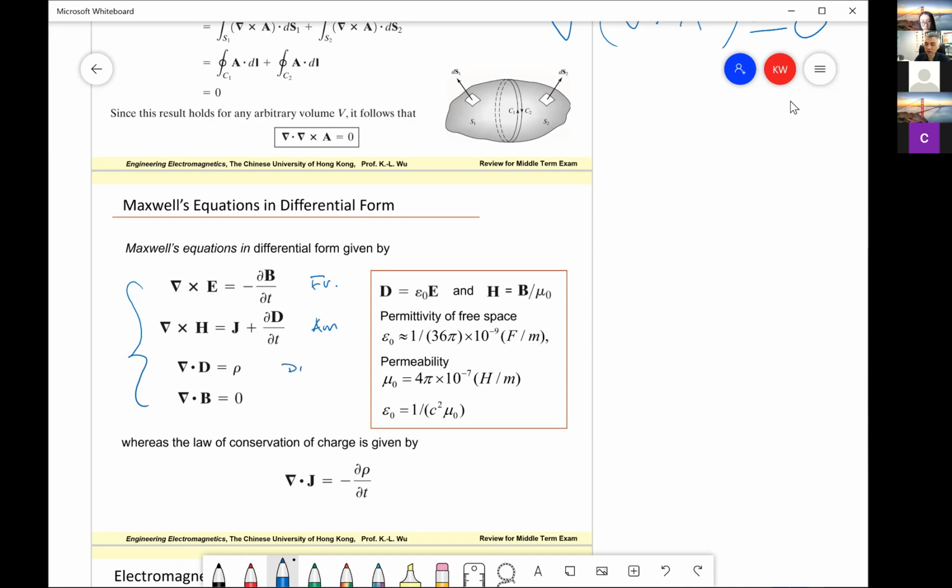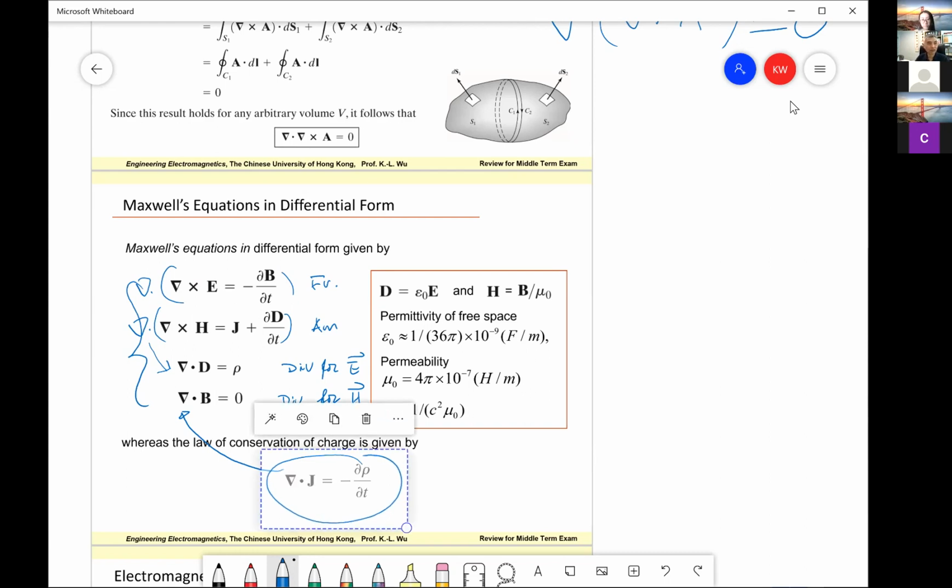And the other 2 are divergence equations, one for the electric field, and the other is the relation for the magnetic field. Also you can justify if you take the divergence of this on both sides, then you can find these 2 equations. Of course, you have to use this. The last equation is also the integral form of the current continuity equation.